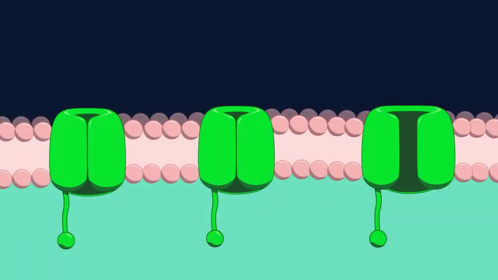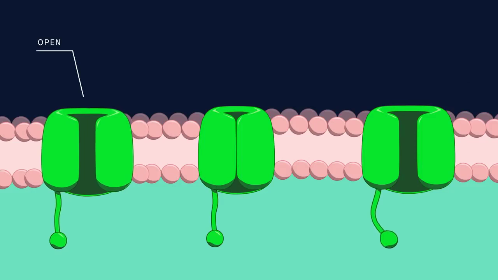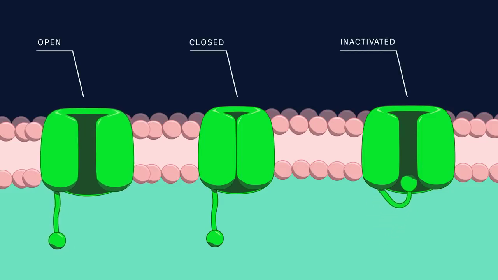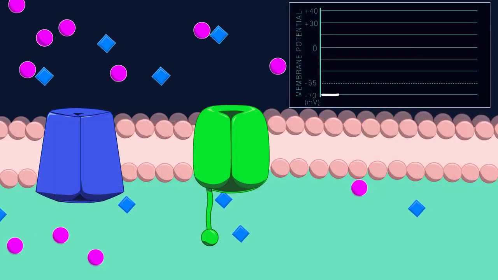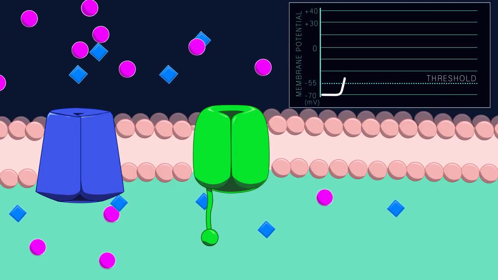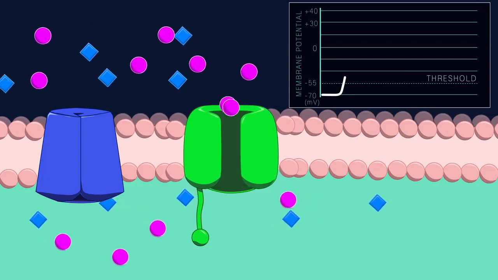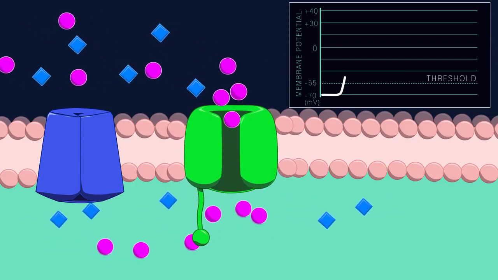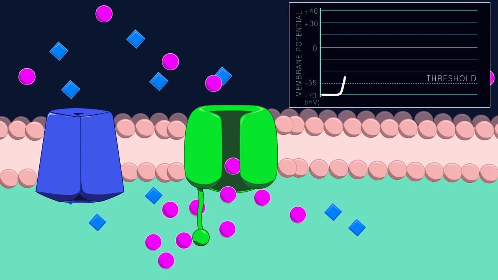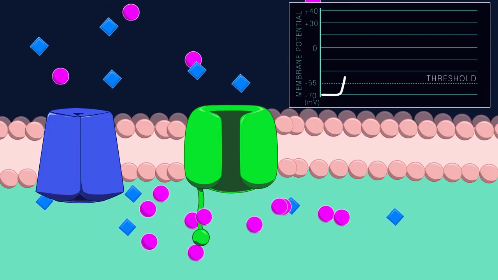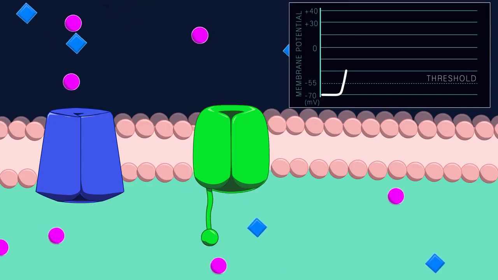Voltage-gated sodium channels have 3 states: open, closed, and inactivated. At rest, the sodium channels are closed. Once the cell membrane reaches the threshold voltage, the channel changes to an open position and sodium rushes into the cell because of the electrochemical gradient.